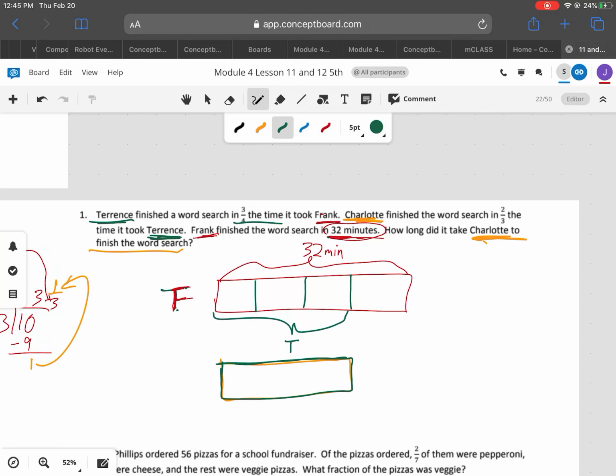This is Terrence's. Okay? Alright, so whatever we get there for Terrence, now for Charlotte, we have 2/3. So this will be Charlotte's. So first we need to find Terrence.